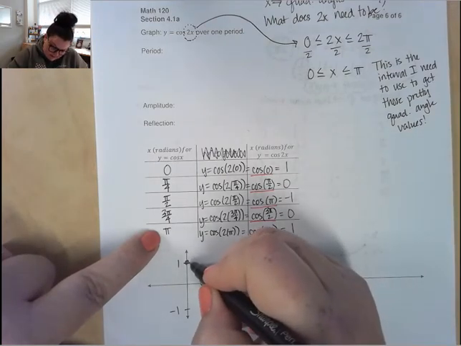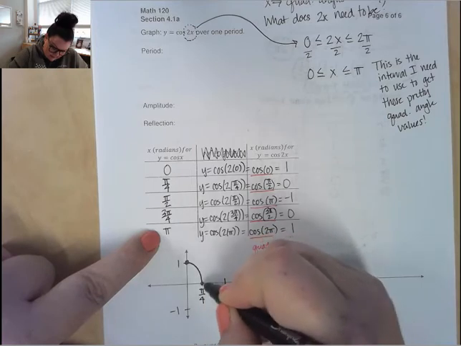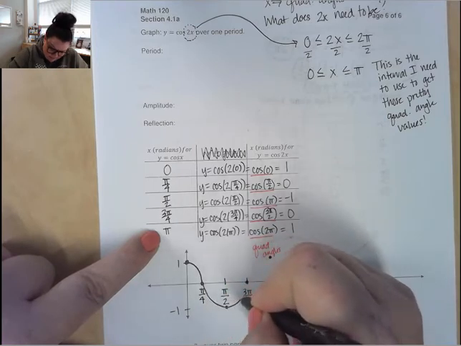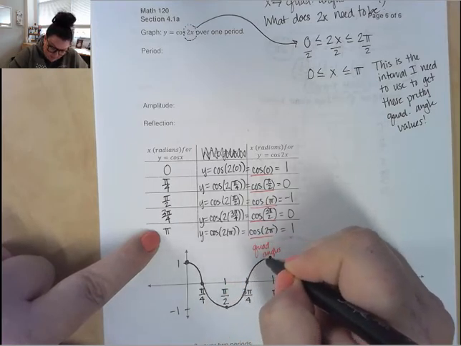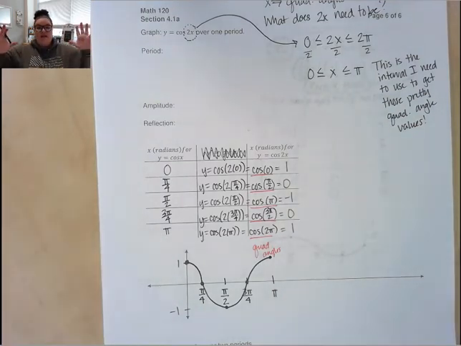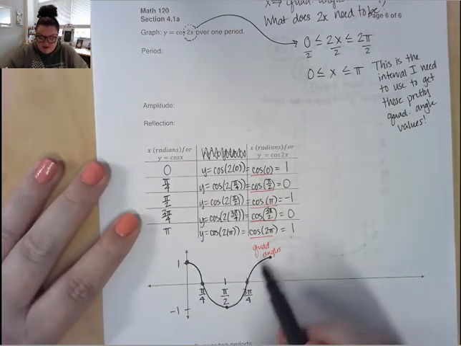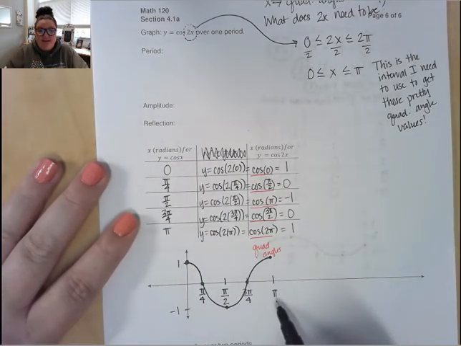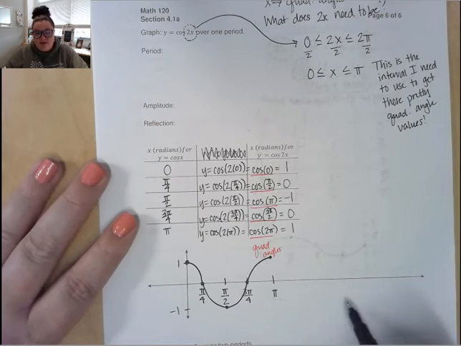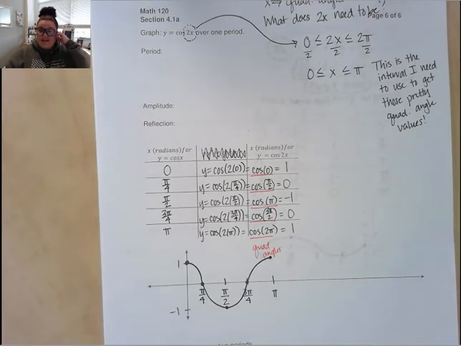So you can see we still get that same cosine curve. The only difference is it's been squished in horizontally, right? To where now we get this full cycle by just going a distance of pi for our period versus 2 pi.